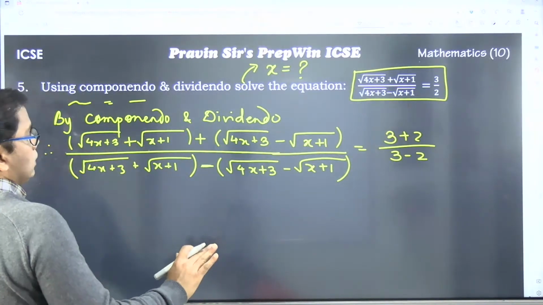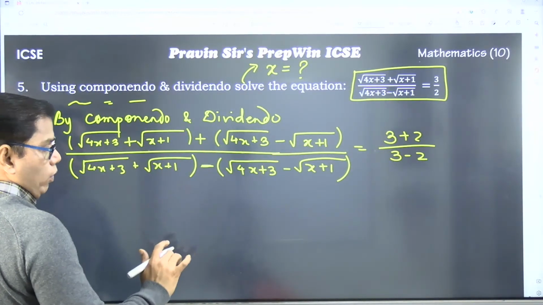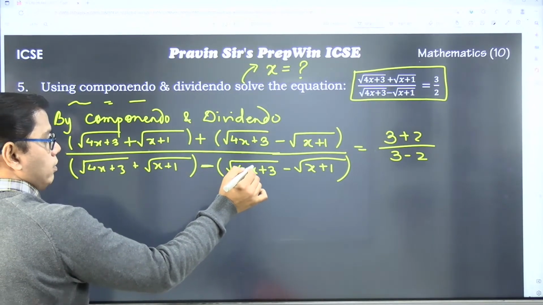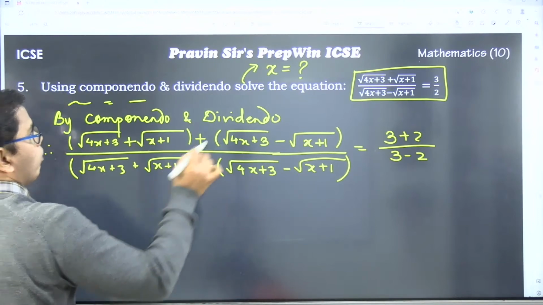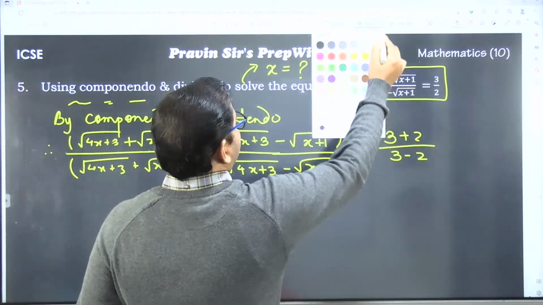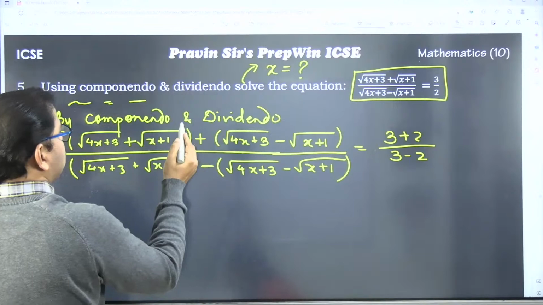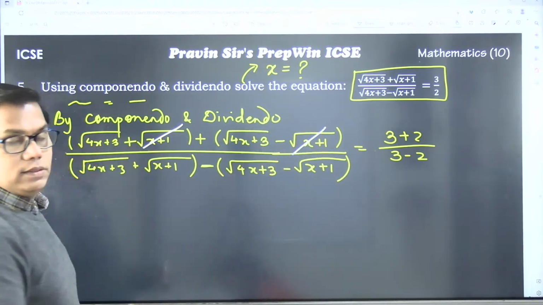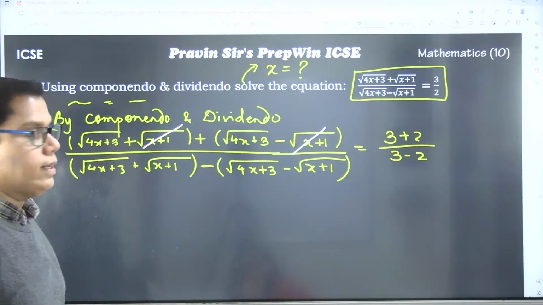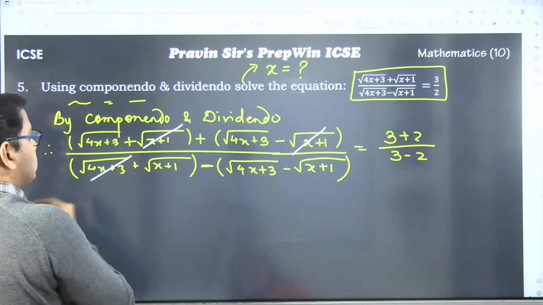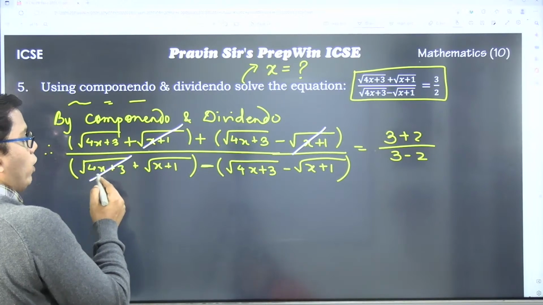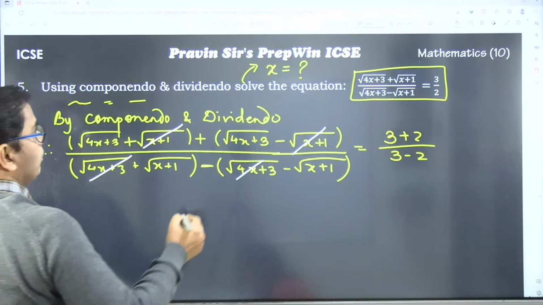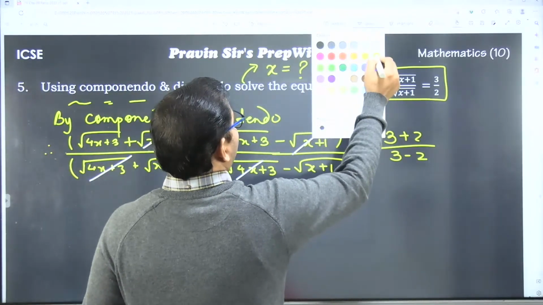When I open the bracket, this term will become negative and this will become positive. See what is going to be cancelled. Pay attention. This plus under root x plus 1 and minus under root x plus 1 got cancelled. And in the denominator, under root 4x plus 3 and minus 4x plus 3 will get cancelled. And what will be your answer?